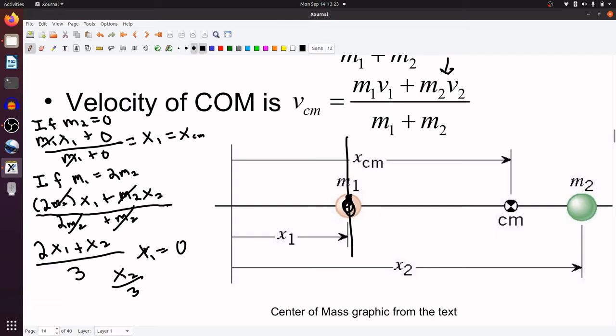So you can use this equation to mathematically verify different center of mass situations, and most of them will make sense when you think about it. That's about as deep as we go with center of mass. Sorry I haven't mentioned this before, but the velocity of center of mass is nothing more than a completely inelastic collision.